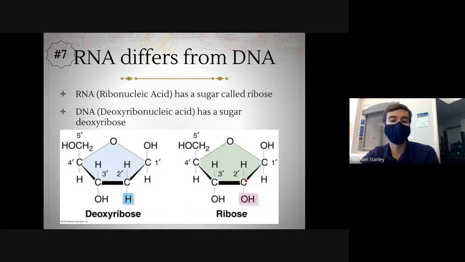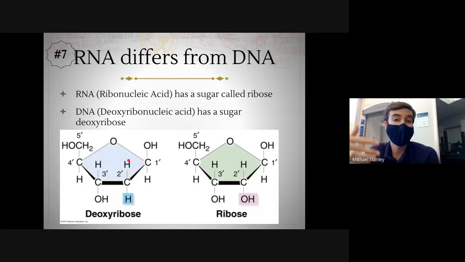So this carbon is attached to an oxygen. This one is not. So this is sort of like the original form of the sugar called ribose sugar. This one is missing an oxygen, so they call it deoxyribose. So their first major difference is in this sugar.